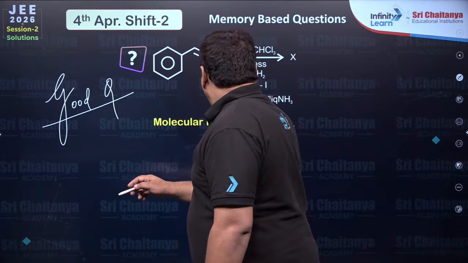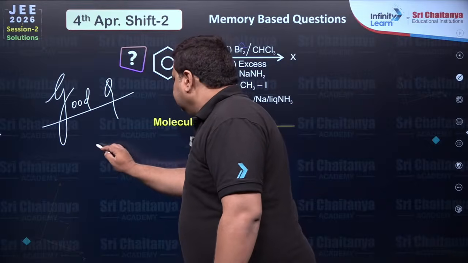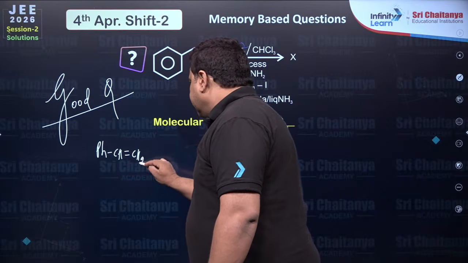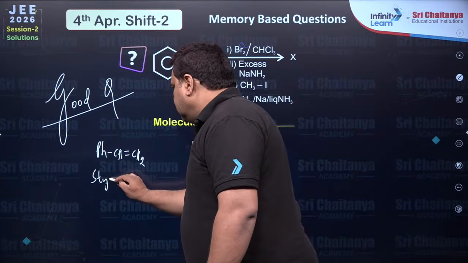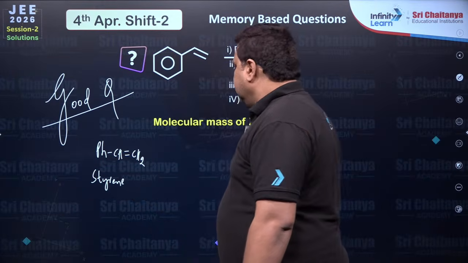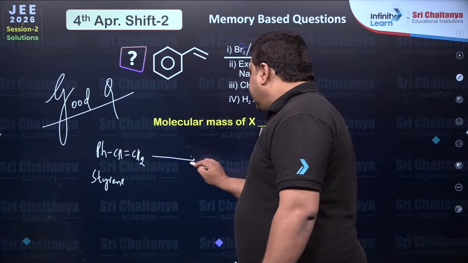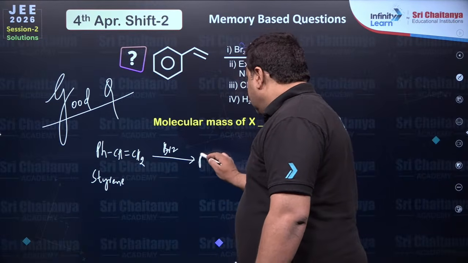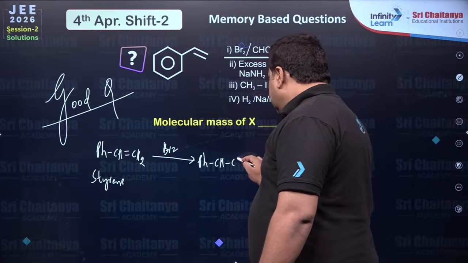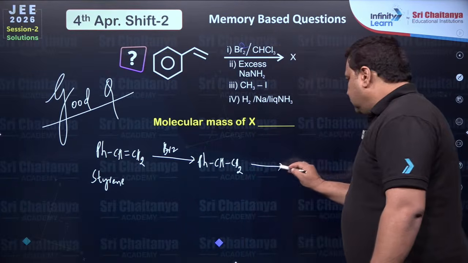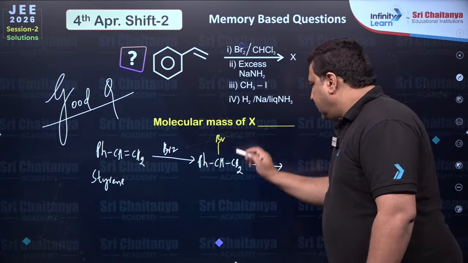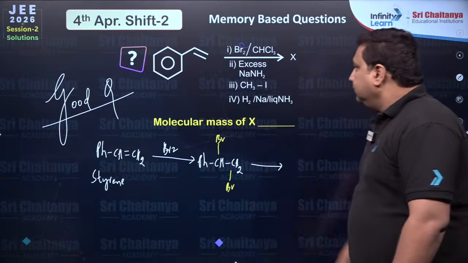Styrene. So styrene is Ph-CH=CH2, this compound is called styrene. Styrene is treated with bromine in chloroform, so you will get PhCHBr-CH2Br by trans addition.